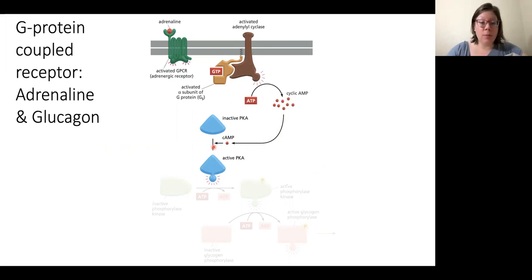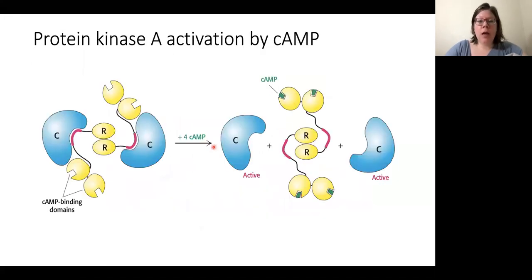If we look a little bit more closely at what's happening, protein kinase A works as a tetramer, so it's got 4 subunits. We've got the regulatory subunits in yellow, and then the catalytic or kinase subunits shown in blue.